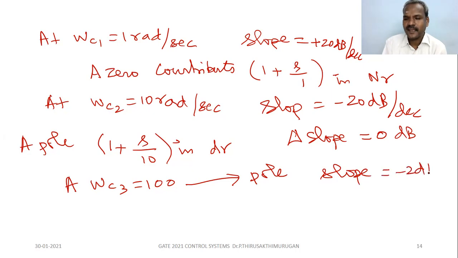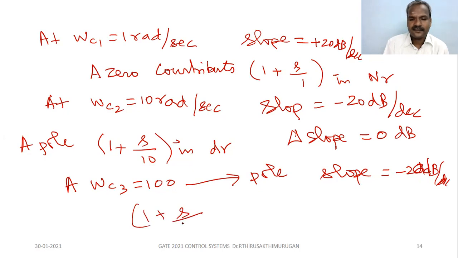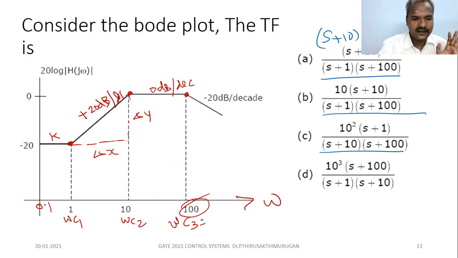The factor is 1 plus s by 100. So how many corner frequencies are there? 1, 2, 3. Only 3 corner frequencies.